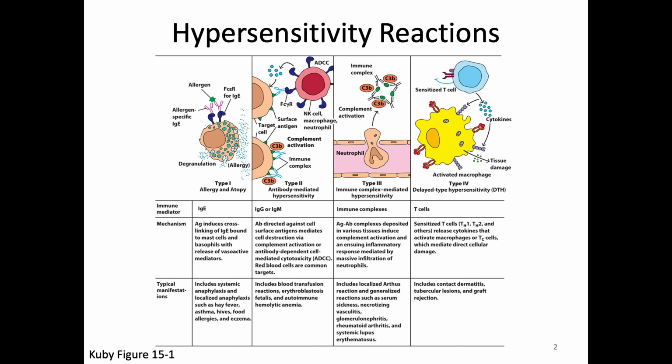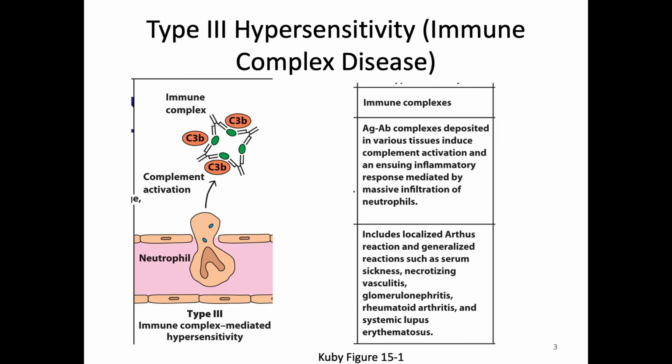And so type 3 hypersensitivity reactions are also known as immune complex reactions. Or, as you can see here, immune complex disease. So with a type 3 hypersensitivity reaction, we're seeing some kind of higher order structure with multiple antibodies binding to multiple antigens in sort of a big cluster like this. And these free immune complexes are actually what is causing the problems with the type 3 hypersensitivity reaction.